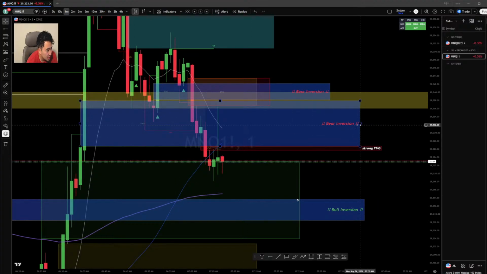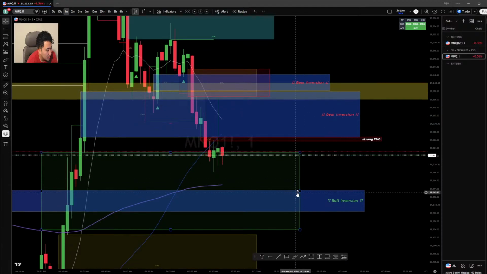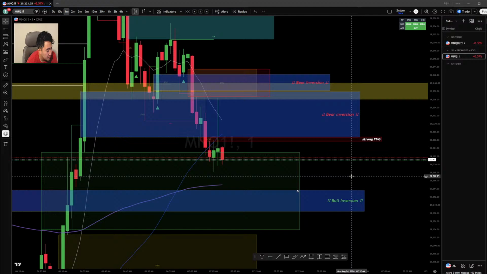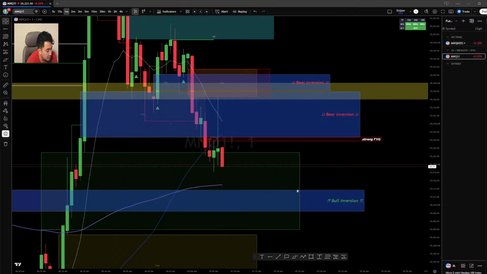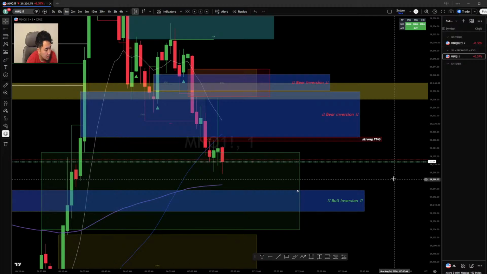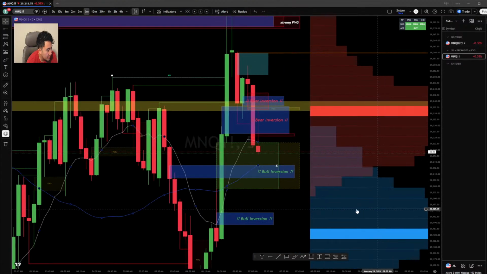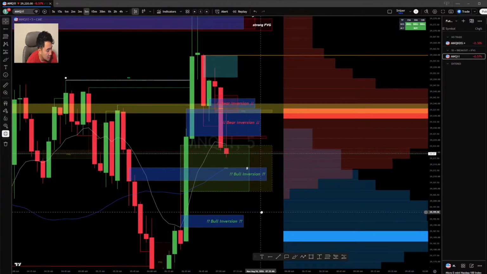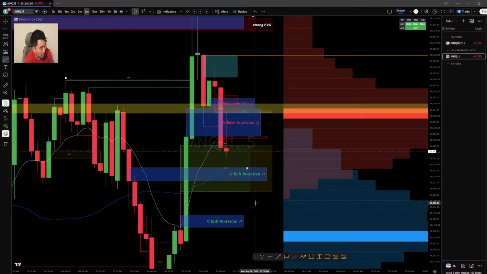This price is respecting this bearish inversion along with this bearish gap. On the 5 minute, we have this 5 minute gap right here.